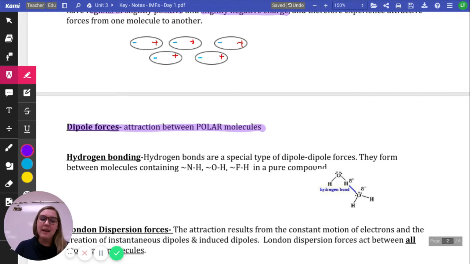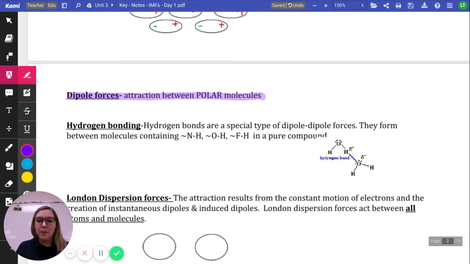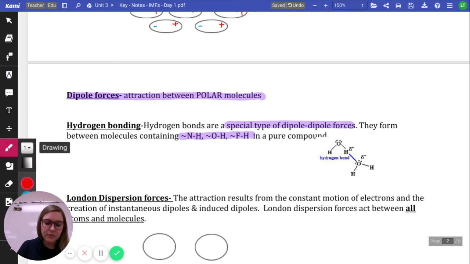Okay? And then we have hydrogen bonding. Hydrogen bonding is dipole-dipole, but it is a special type of dipole-dipole that is stronger. And it only occurs between molecules that have hydrogen bonded to nitrogen, oxygen, or fluorine in a compound.